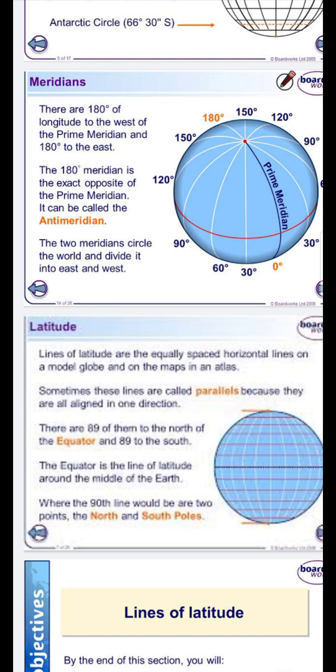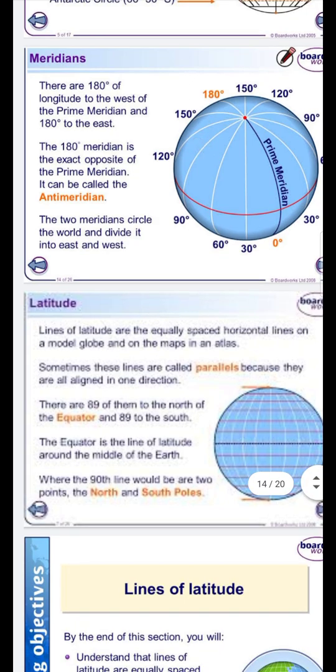It can be called the anti-meridian. What is it called? Anti-meridian. The two meridians circle the world and divide it into east and west.